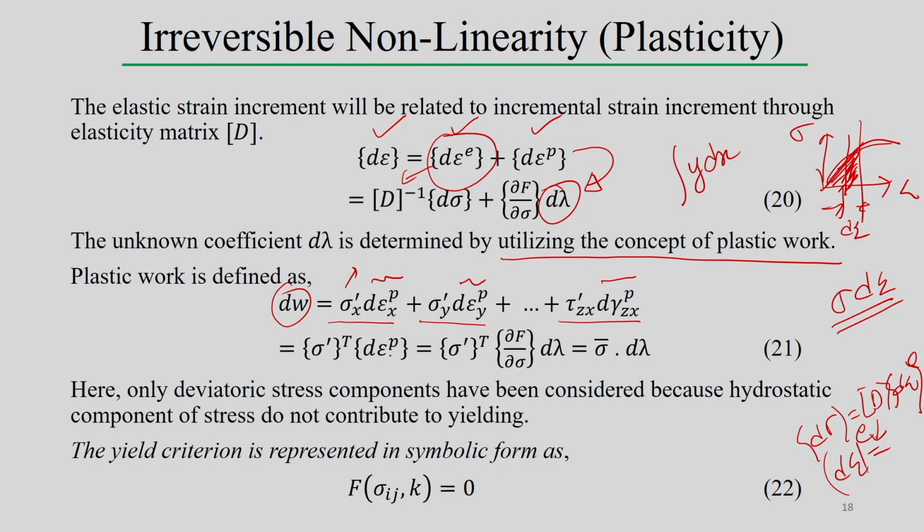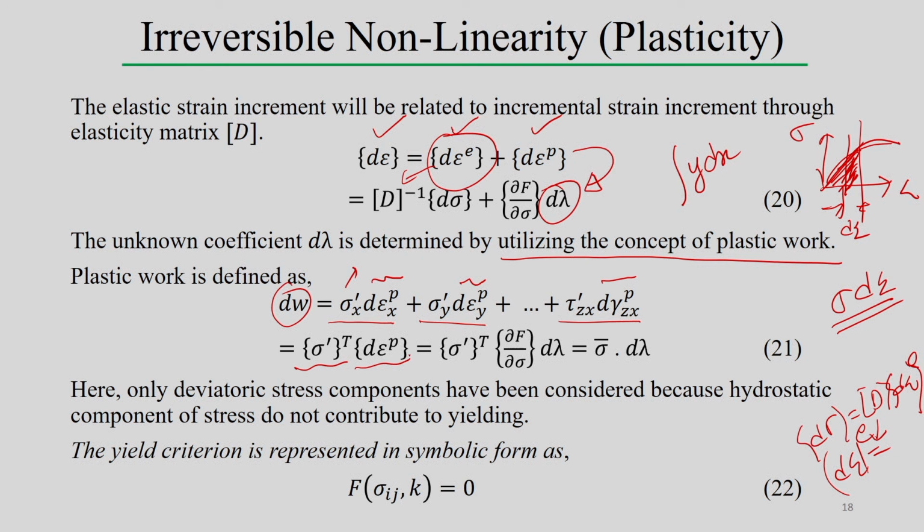Now, in the matrix form or in the form of a column vector, if we consider this is the stress and this is the strain, as a single matrix form or single column vector, then in general we can write the stress into the incremental plastic strain, that indicates the plastic work done.